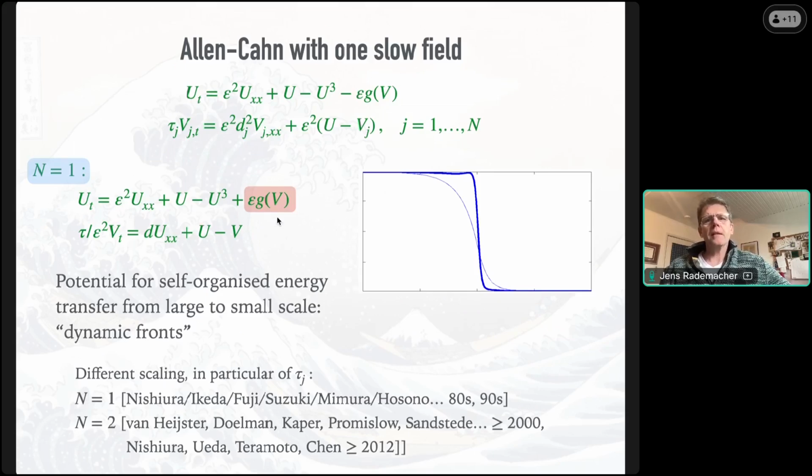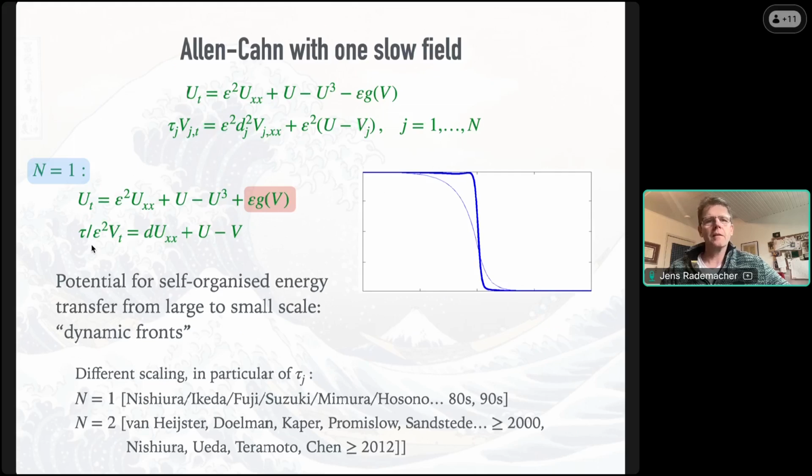And these equations have been studied a lot, as I said. I just want to acknowledge here, in particular for n equal to 1, work by this Japanese school, which also was for more general equations in the 80s and 90s in particular. And then for n equal to 2, this is this motivation from the gas discharge model by Purwins. Peter van Heijster has written his PhD thesis on it, actually, but in a different scaling of this tau.